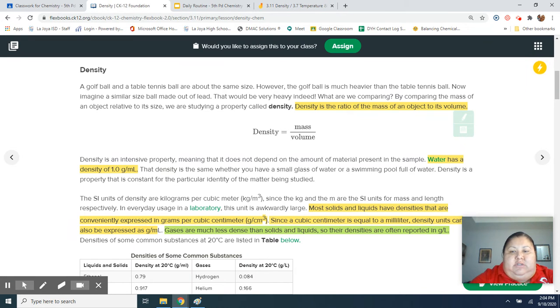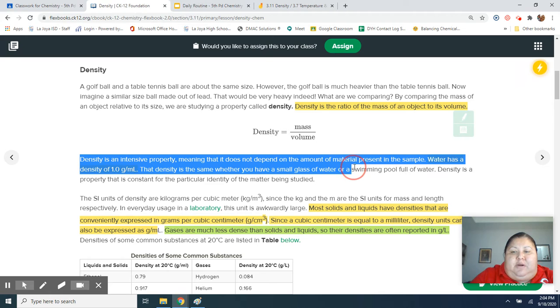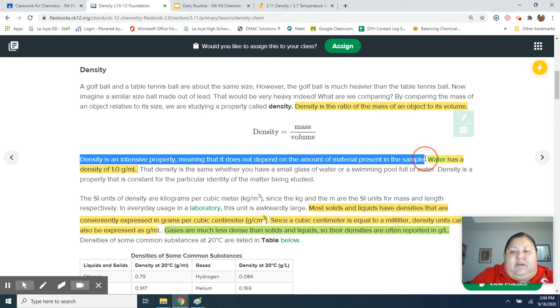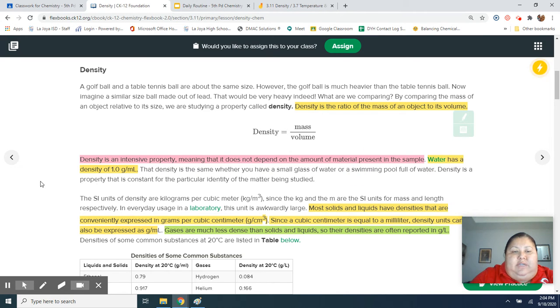Okay. So, a little bit about density is the fact that it's known as an intensive property. Intensive properties is something that we have not covered yet, but will be covered later in the semester.